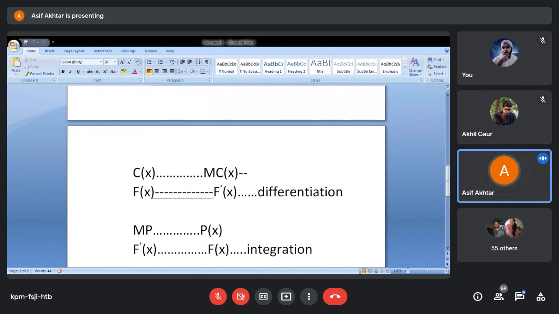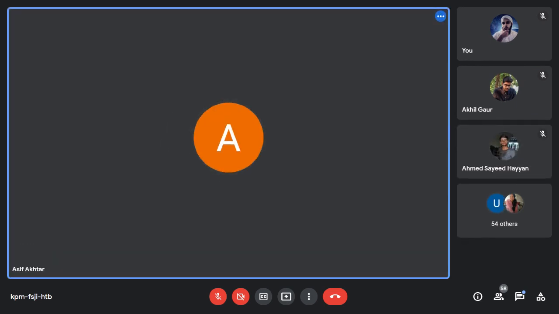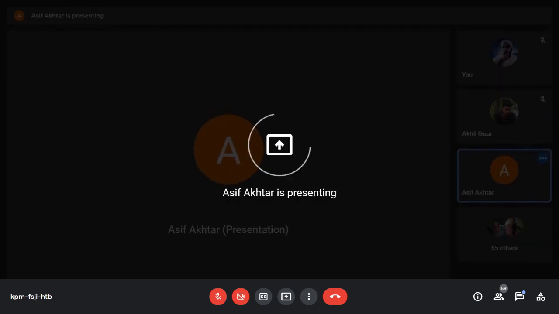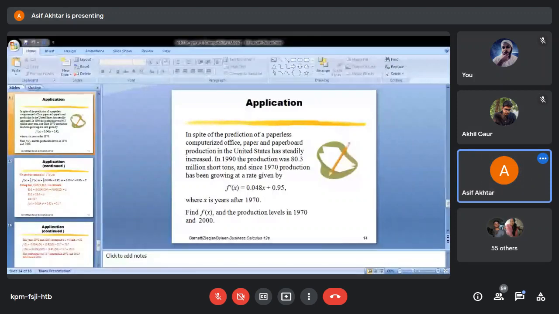Let me shift it to the PowerPoint presentation once again with this explanation. So now f dash x is equal to 0.048x plus 0.95.